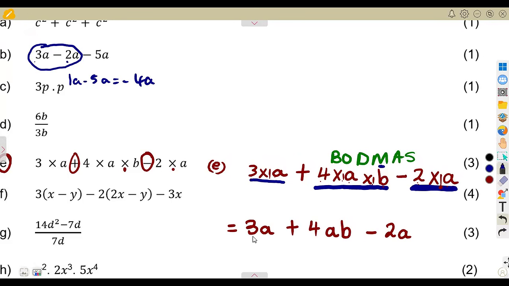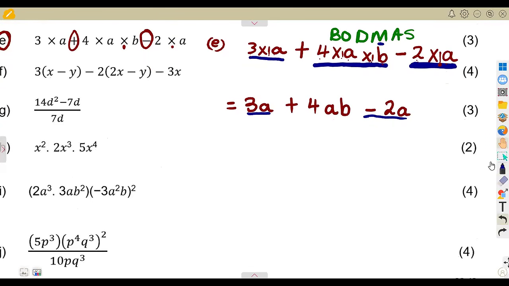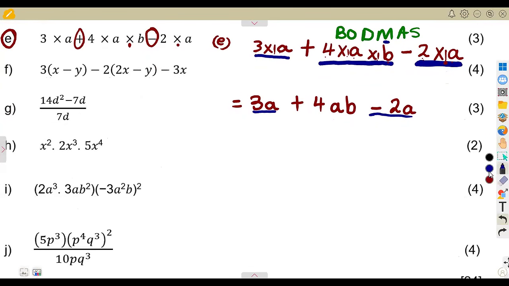So it's the same thing. Look here, 3A and minus 2A. These are like terms. Do not add this to AB here. We cannot add because there is A and B. A and B, there are two terms there. So it's no longer a like term to this one, but these two are like terms.